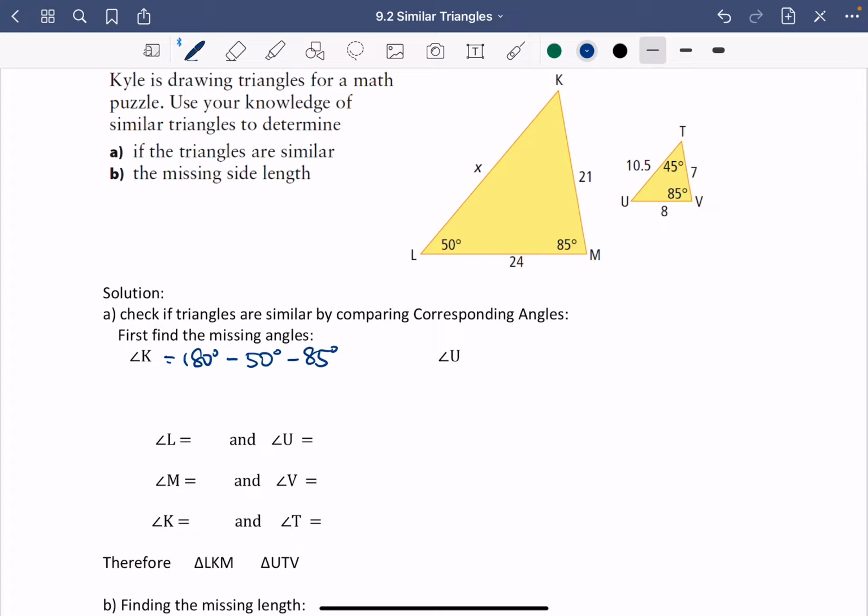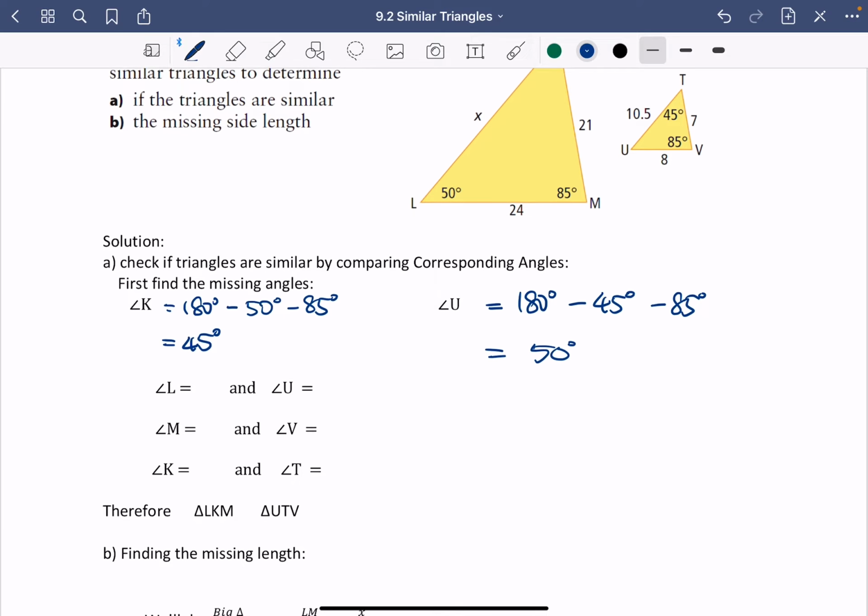That's equal to 45 degrees. And angle U is 180 minus 45 minus 85. And what is that equal to? That will equal 50 degrees.